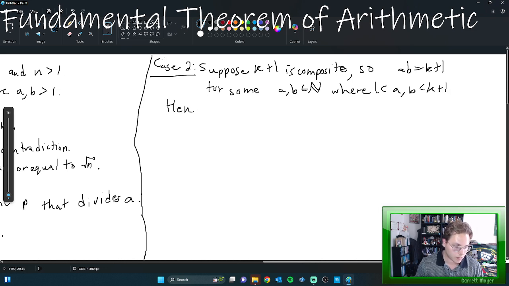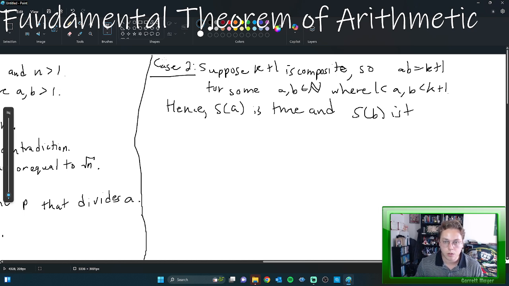Hence, SA is true and SB is true. Because remember, that was the inductive hypothesis, was that everything between 2 and k must be true. A and B are both between 2 and k, so this statement is true for each of those letters.